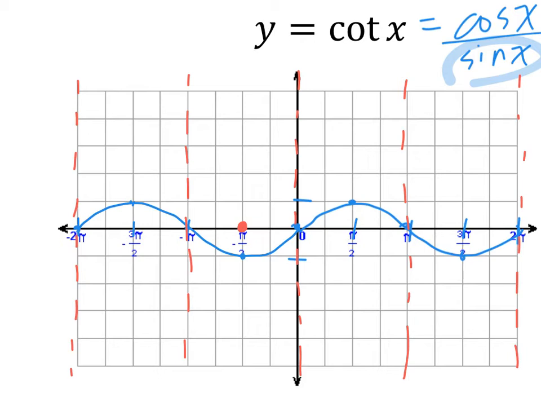Halfway between the asymptote and the starting point, it's going to go up to the amplitude and then down to the amplitude. Okay, again, pick another two asymptotes. Halfway in between goes up to the amplitude and halfway in between goes down to the amplitude. Remember that cotangent is a decreasing graph.